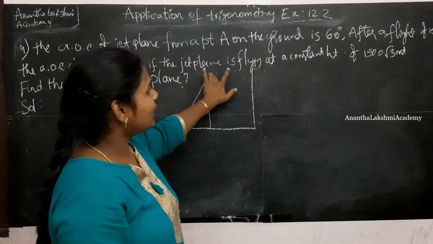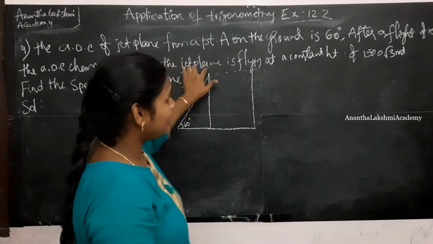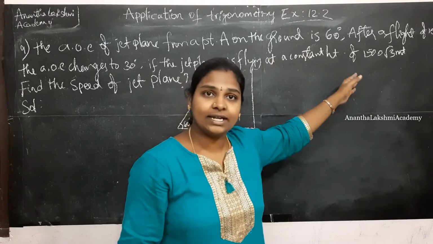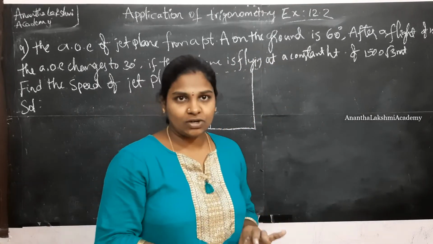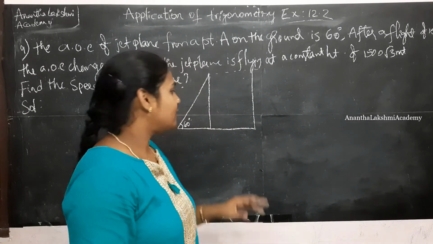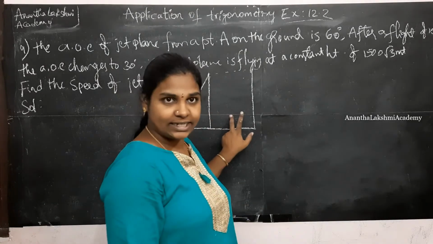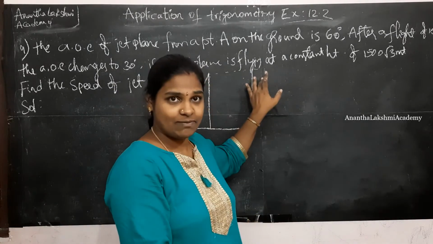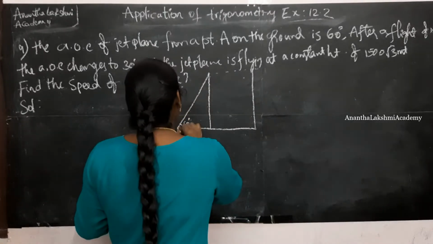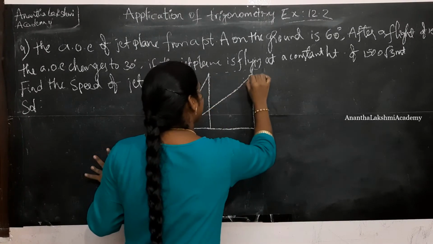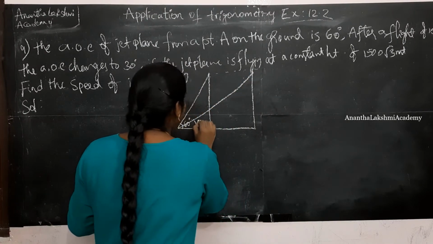Why am I drawing at the same height? Because the jet plane is flying at a constant height. So no matter what the angle of elevation is, whether it is 60 degrees or 30 degrees, it is flying at the same height. From the same point, it is now making an angle of 30 degrees.